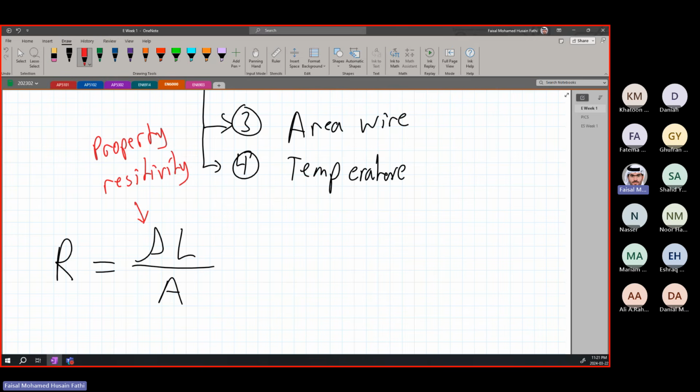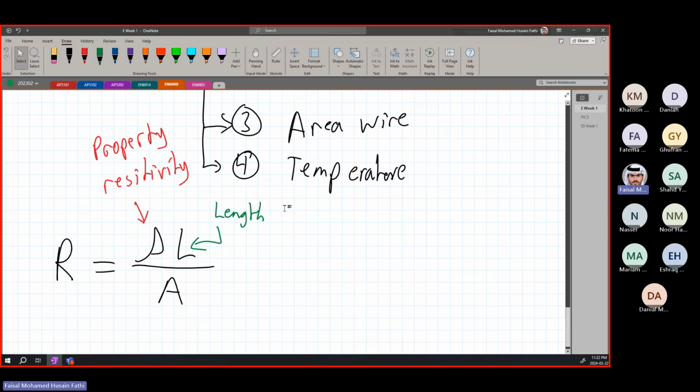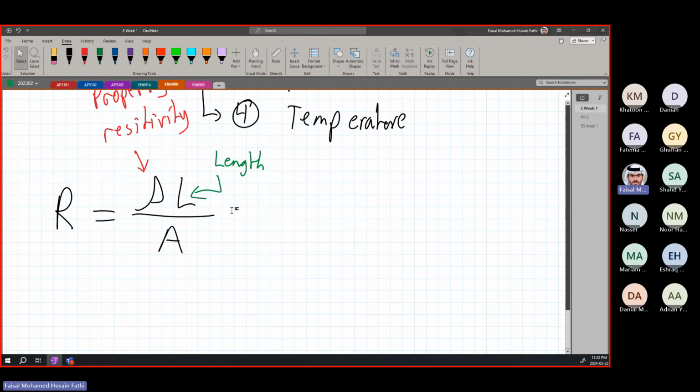Lead, platinum, mercury, and so on, all of the materials that you can think of, they have a specific property. Related to that property is the resistivity of the material. Okay? The resistivity is that, and then we have the length. This is the length of the wire, how long the wire is, which is transferring the current or allowing the current to flow.